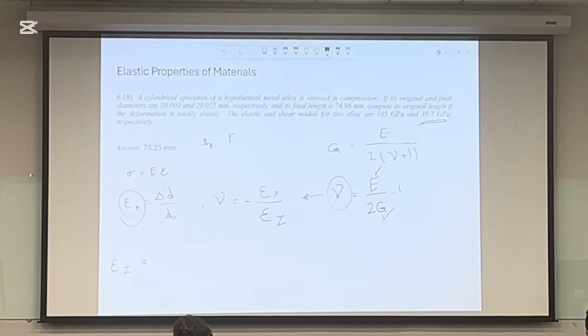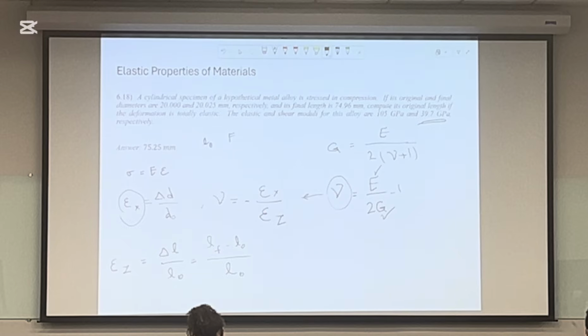Which is equal to delta L over L naught. And if we break it down, that is L final minus L naught over L naught. And we are looking for this L naught here.